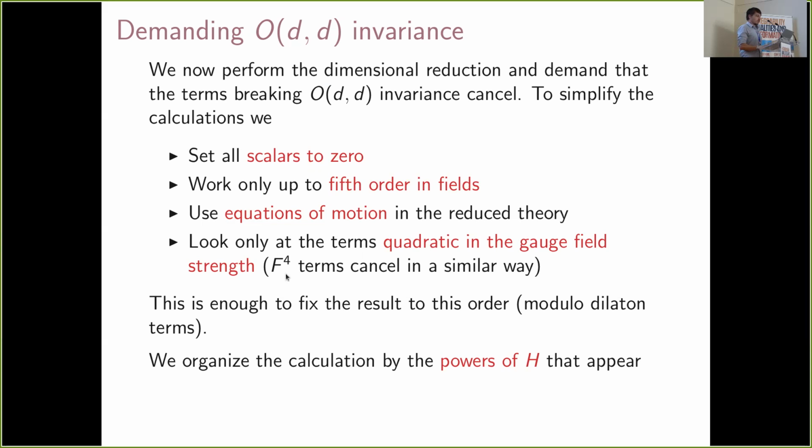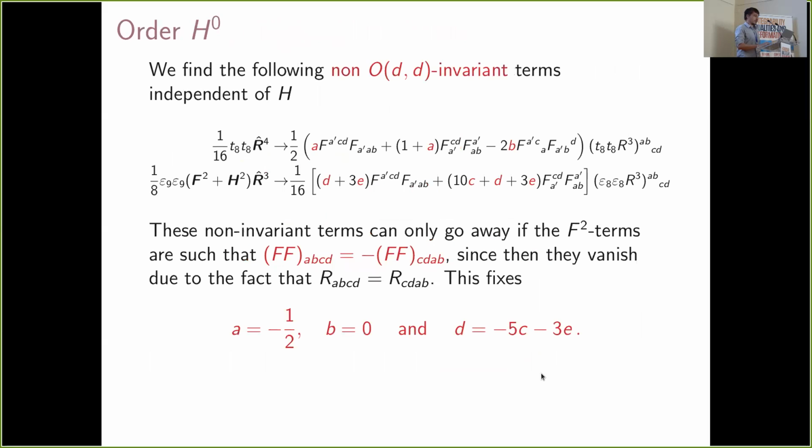There are also terms that are quartic in the gauge field strength, but they will cancel in a similar way. In fact, they're less constrained than the ones quadratic. And it turns out that this is enough to fix all the terms, modulo, of course, the dilaton terms, because we set the dilaton to 0. And it's convenient to organize the calculation by the power of H that appears.